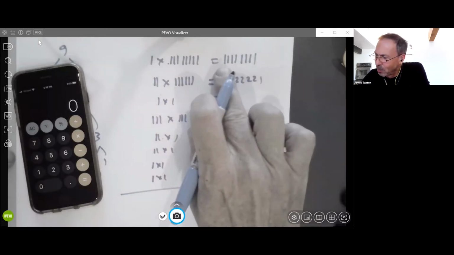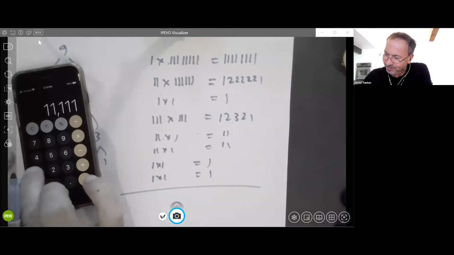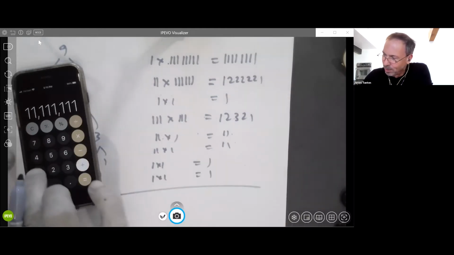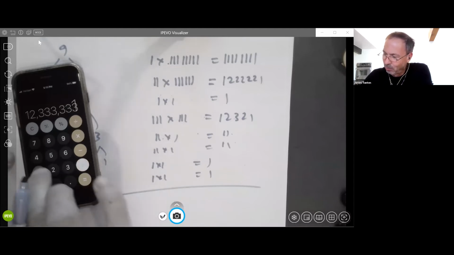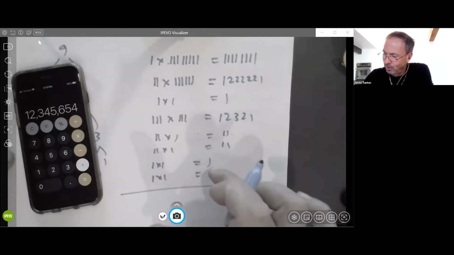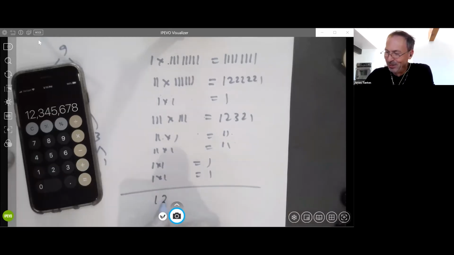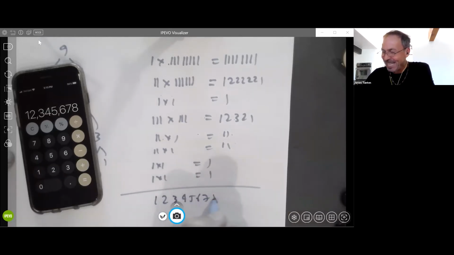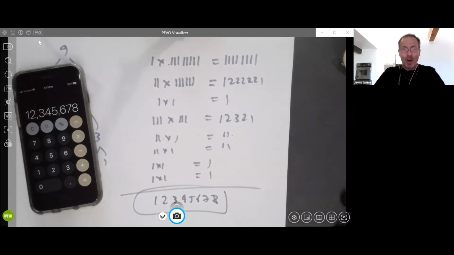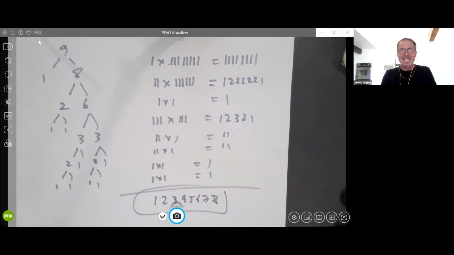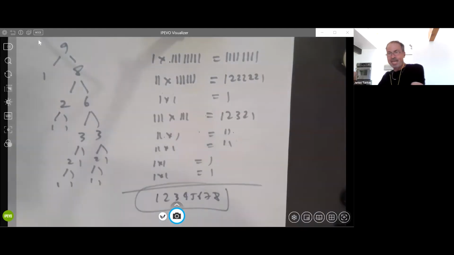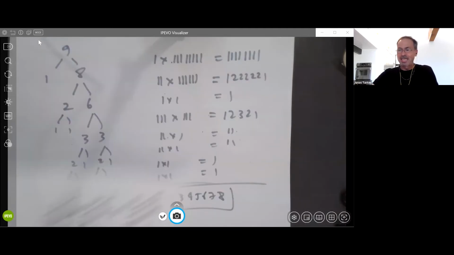That was 8 digits. Plus a 1222221, plus a 1, plus a 12321, plus a 22, 23, 24, plus a 24. 12345678 again. Whoa, this is crazy. This is absolutely insane. I'm splitting 9 pebbles in half and into piles, and I'm getting crazy products. I'm getting crazy fractions, and I'm getting crazy ones.